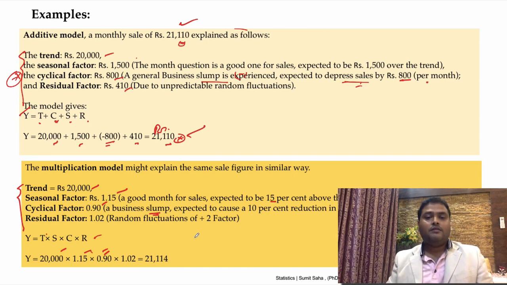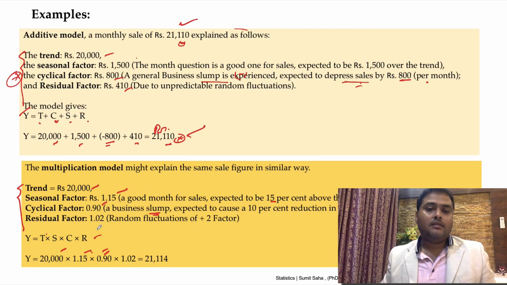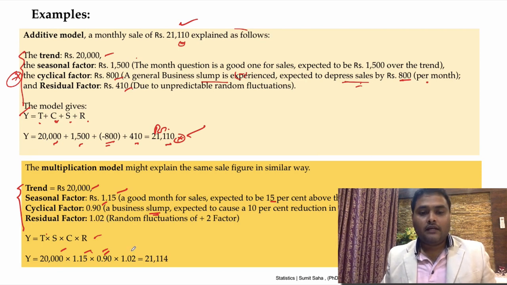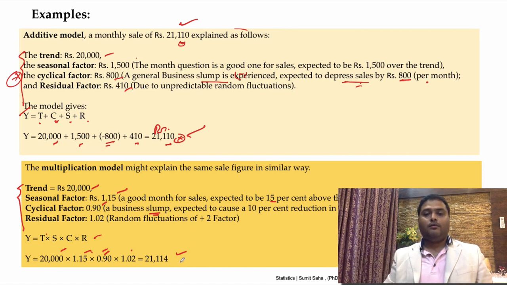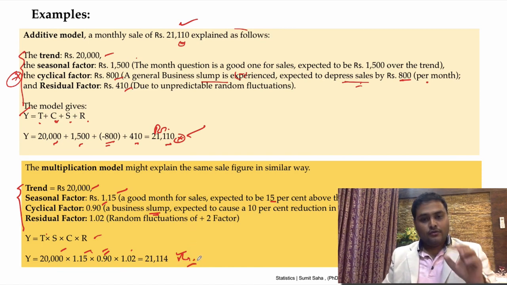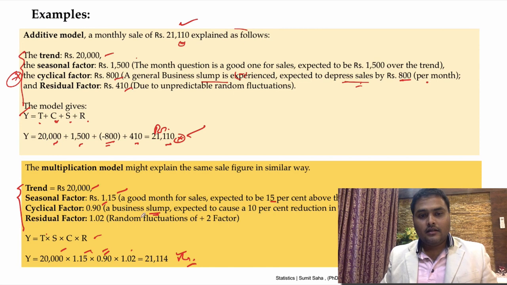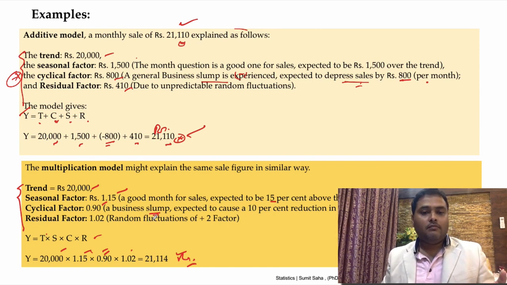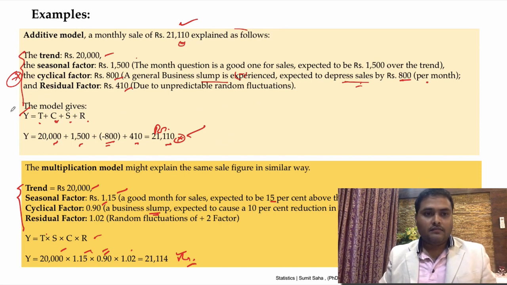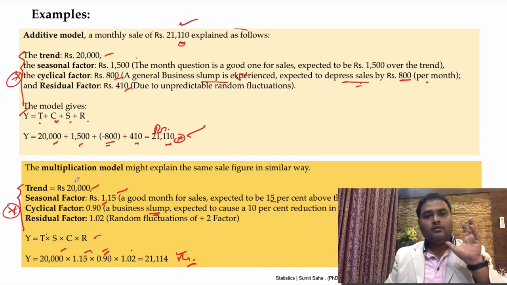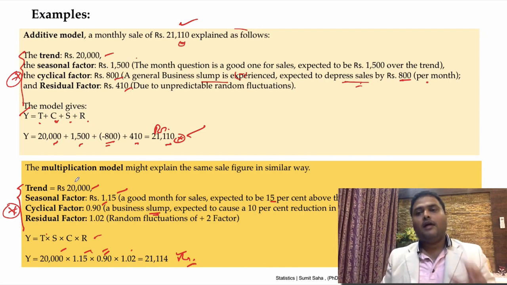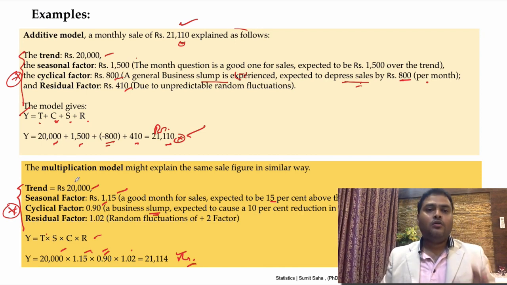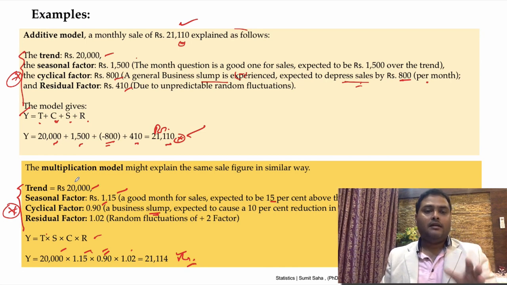And finally, the residual factor, or the random fluctuation factor, is 1.02. If I multiply, we are getting 21,114 rupees. Clear? So in both cases, we can use this formula, whether it is the additive model or the multiplicative model. Though the questions are different, you can use either of these models and find out your expected time series analysis value.